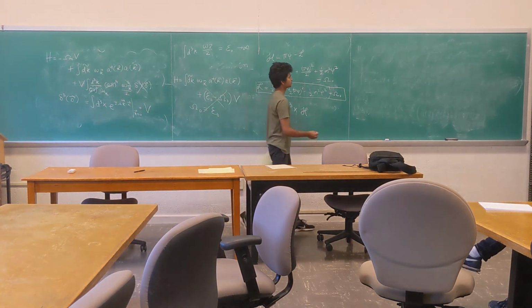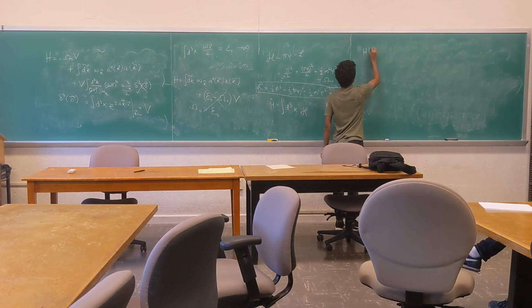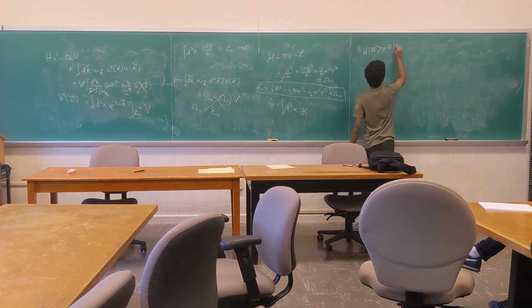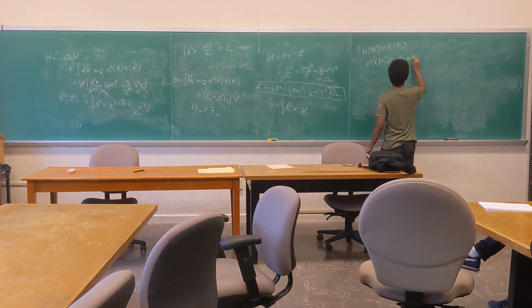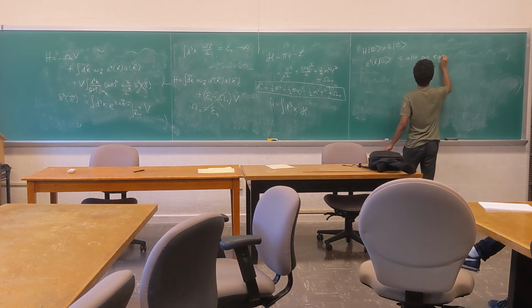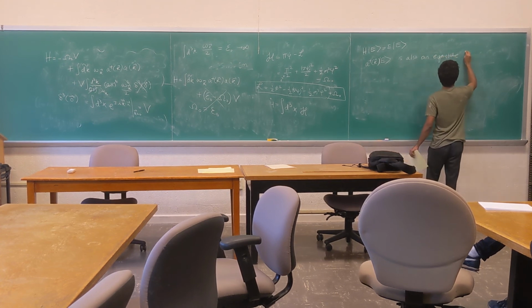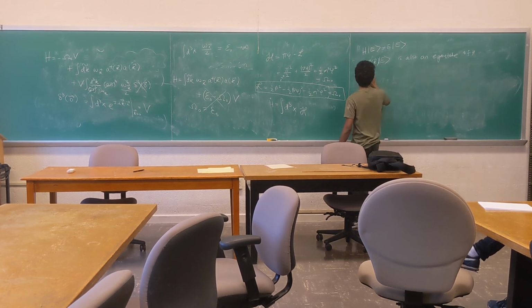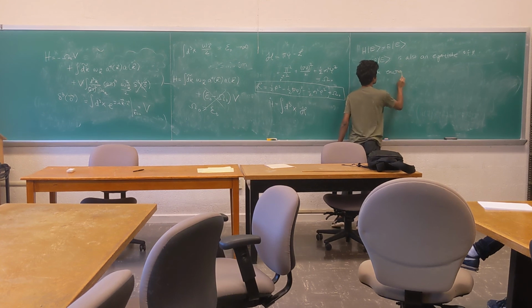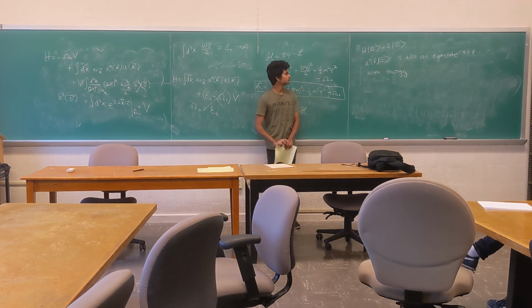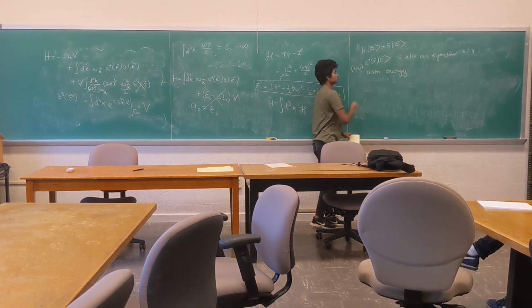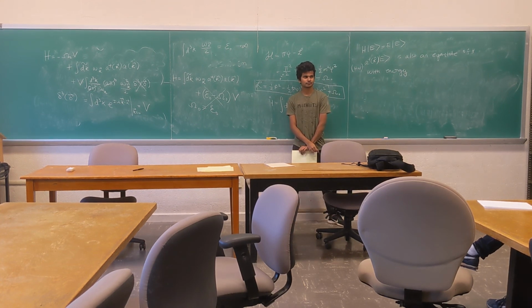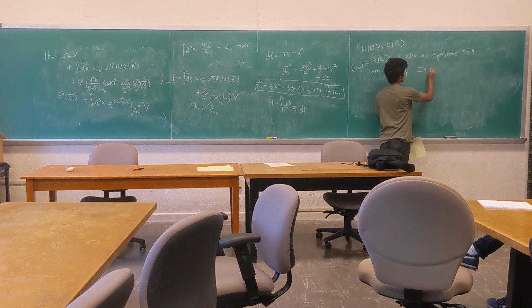Now let's look at the spectrum of H. If E is an energy eigenstate of H, then you can show that A dagger acting on E is also an eigenstate of H. Can you guess the energy? Right, it's E plus omega, just like the harmonic oscillator.